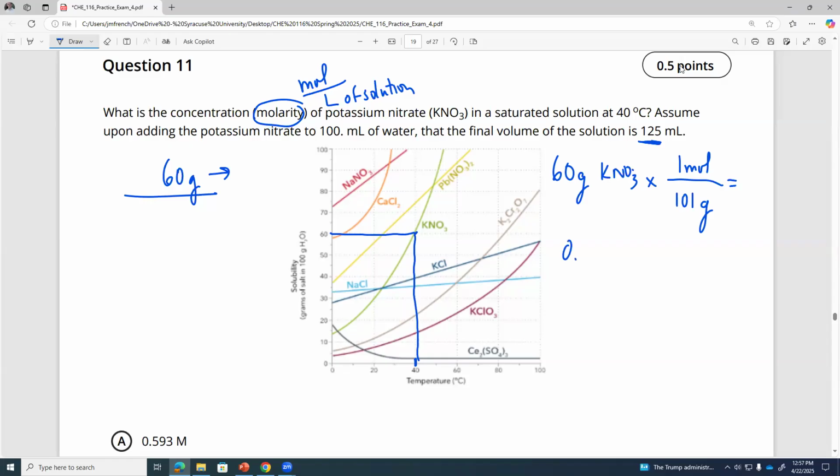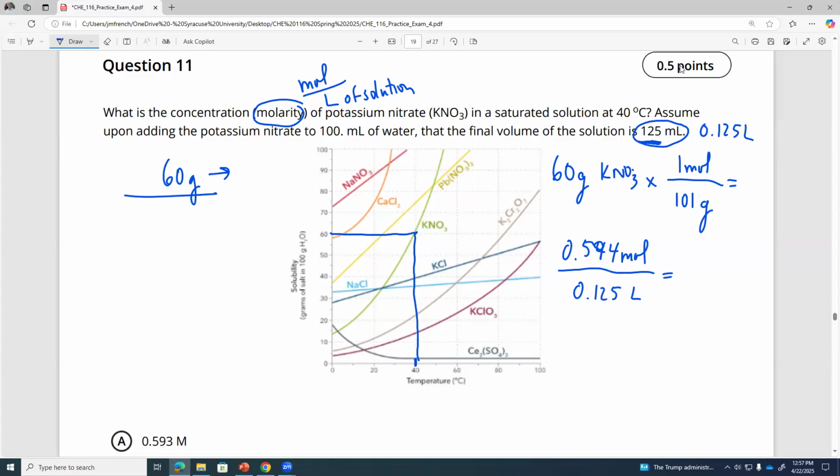We get like 0.594 moles. And we have that in 125 milliliters, which is 0.125 liters. So to find molarity, right, moles per liter, so moles over 0.125 liters, and hopefully that's an answer somewhere there.